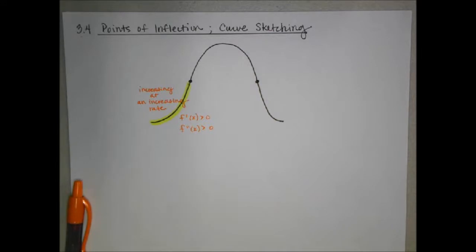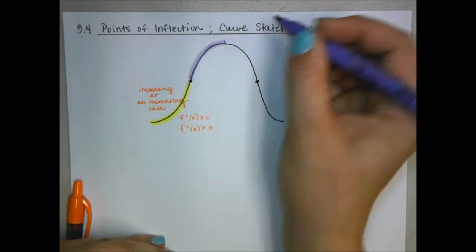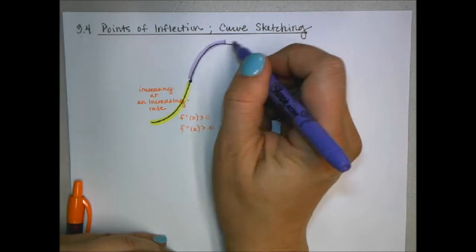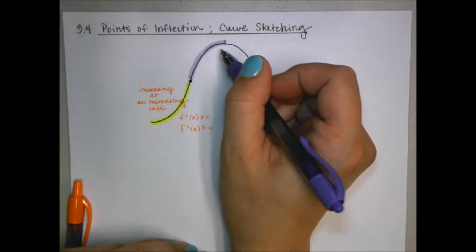In the second region, the curve is still increasing, but this time the slopes of those tangent lines become less and less positive, approaching a slope of 0. So this curve is still increasing, but at a decreasing rate.